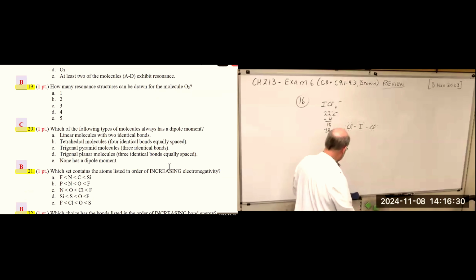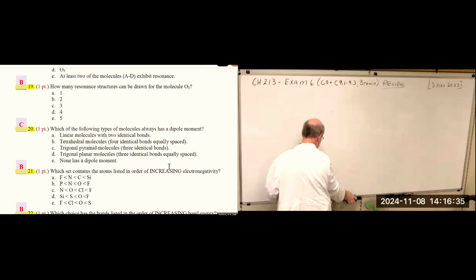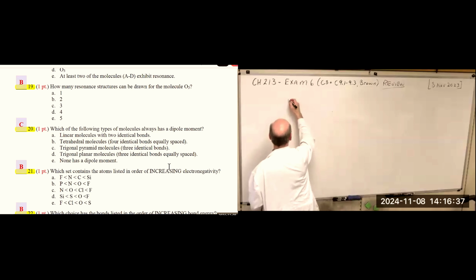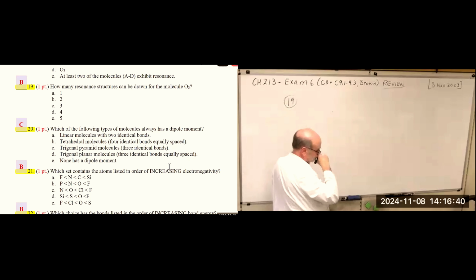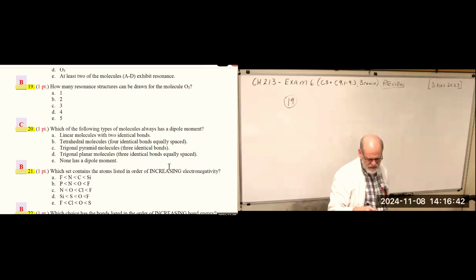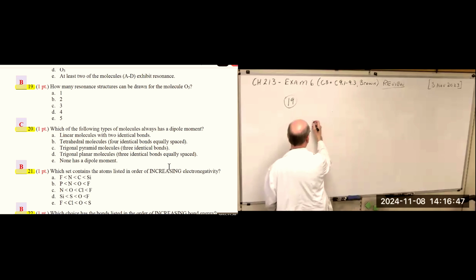Let's see, 19. How many resonance structures can be drawn for the molecule O3? We looked at O3 before. 18 minus 4 was 14. 2, 4, 6, 8, 10, 12, 14.